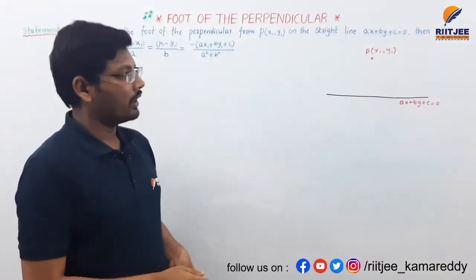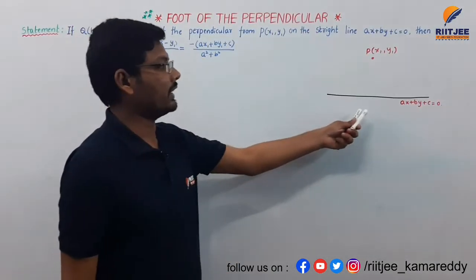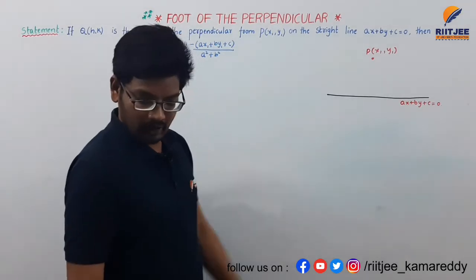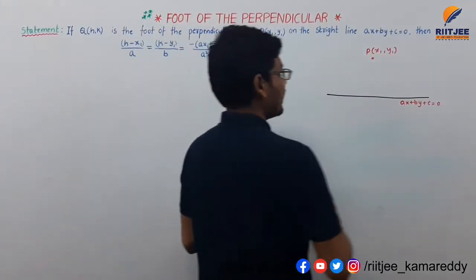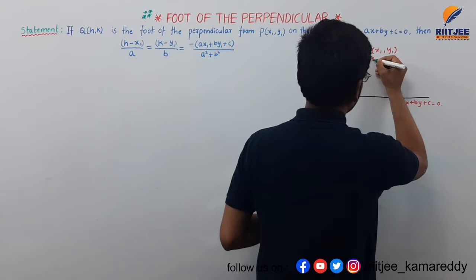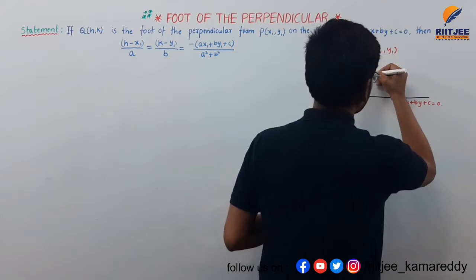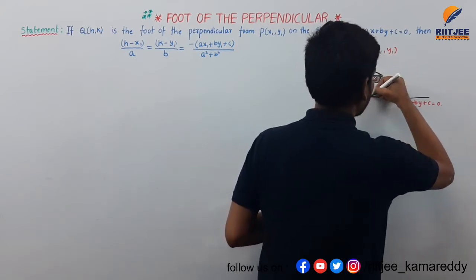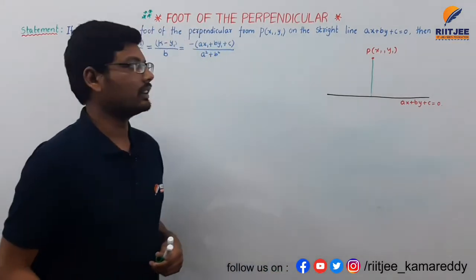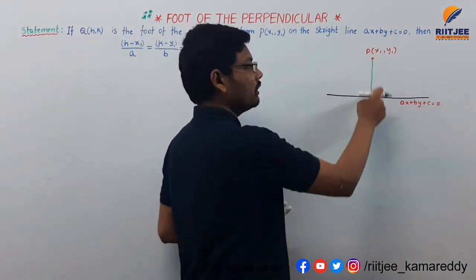And if you draw a perpendicular to the line ax plus by plus c, this is the perpendicular line from P to the line.